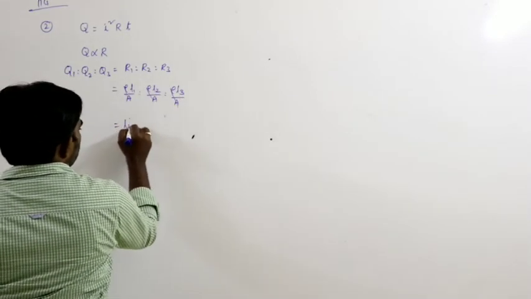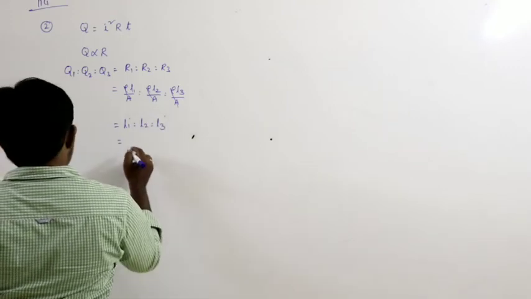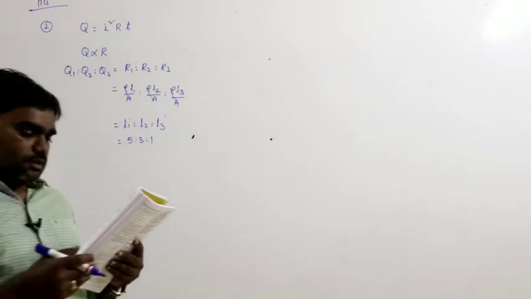So that is equal to L1 is to L2 is to L3, that is 5:3:1. It is independent of mass.